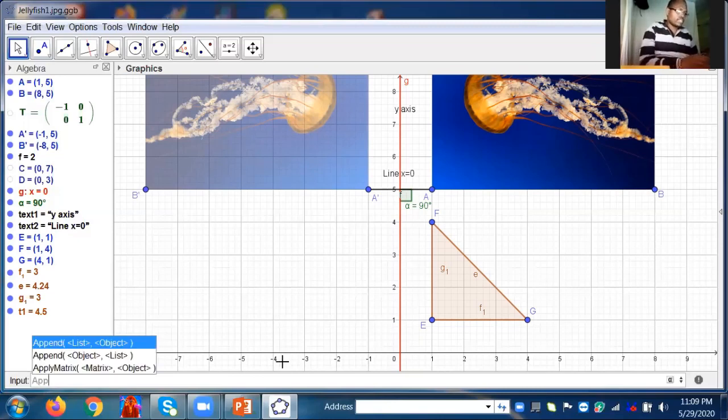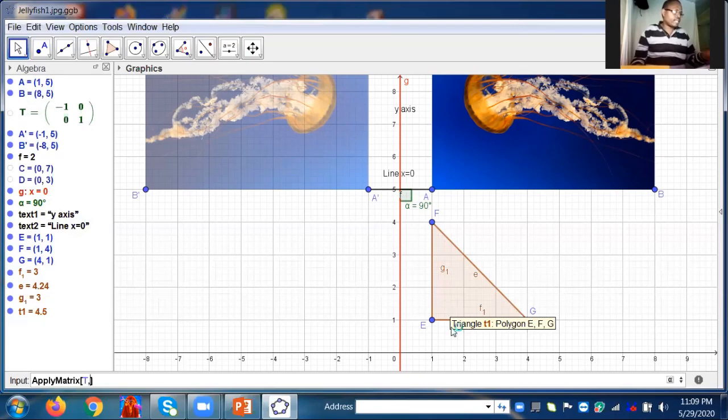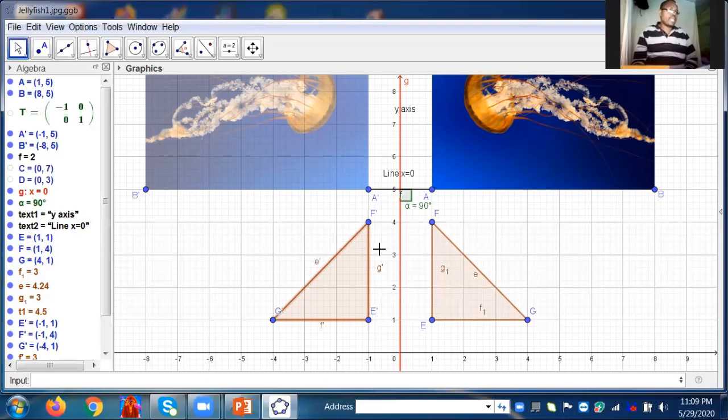So I will apply the matrix, and the matrix is T. My object is T1, that is triangle 1. So I can apply it on T1, and then we can see the image of that triangle. It is F prime, E prime, G prime.